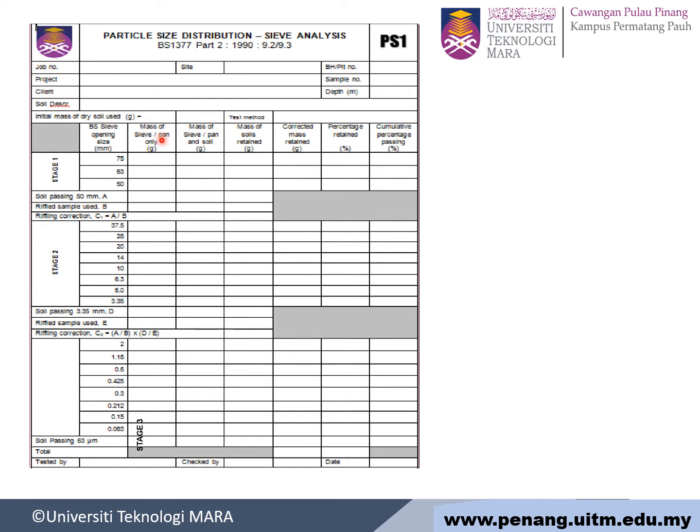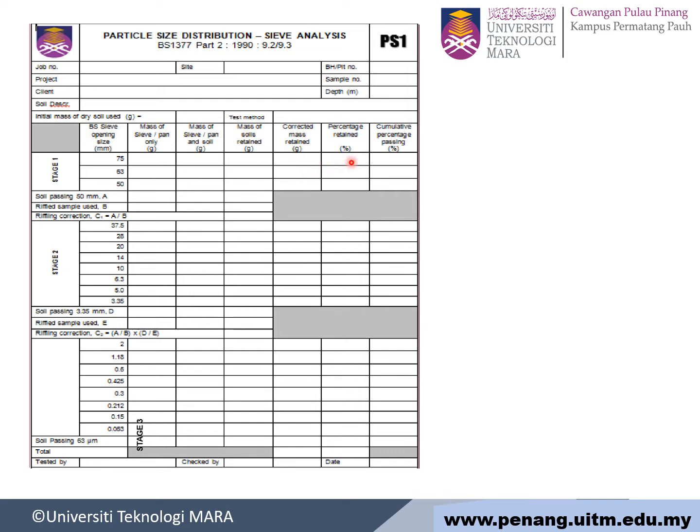Look at this. This one is the mass of sieve and soil, and the mass of soil. To determine the mass of soil, you subtract the mass of the sieve from the mass of sieve and soil. You will get the mass of soil retained, and then the corrected mass retained. For stage 1, there is no correction.